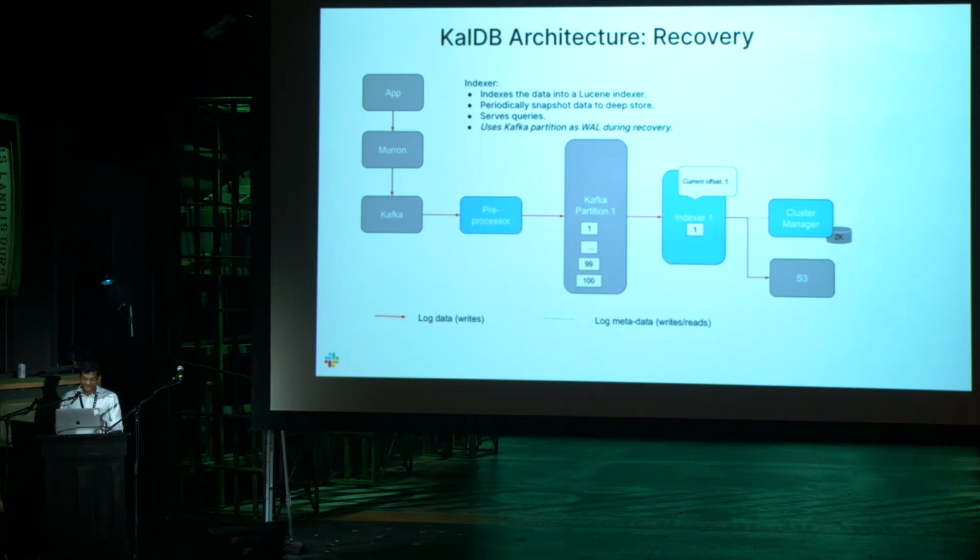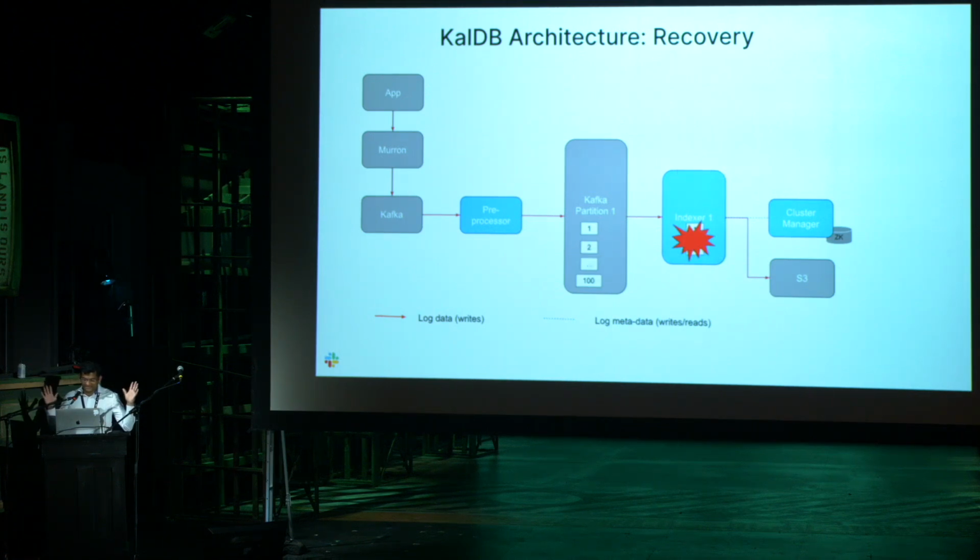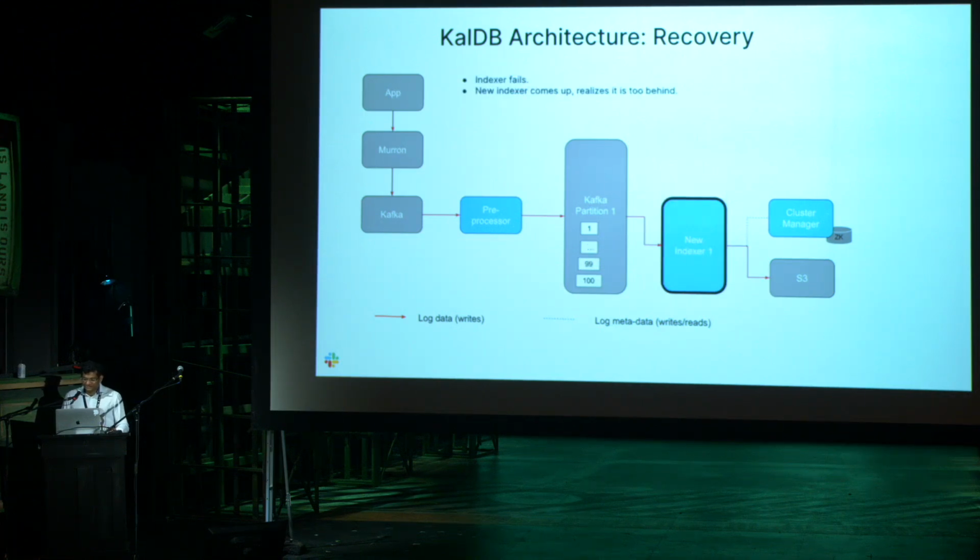What does that mean? Let's say you have the Kafka partition. It has messages 1 through 100, and you have the indexer, and the indexer has indexed 1 message. Let's say, boom, the indexer is gone for whatever reason. So a new indexer takes its place, and it realizes, hey, I'm too far behind. I cannot catch up. So what does it do?